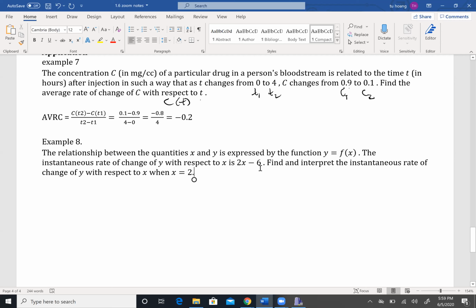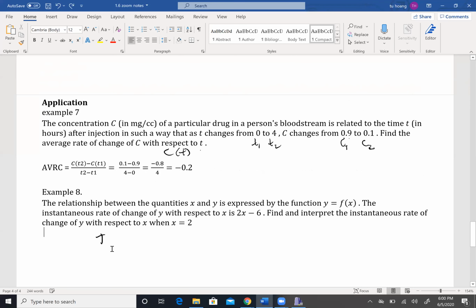Okay, so I have IRC equal to 2x minus 6. So that's what the given gives us. And then they say find and interpret the instantaneous rate of change of y with respect to x when x equals 2.